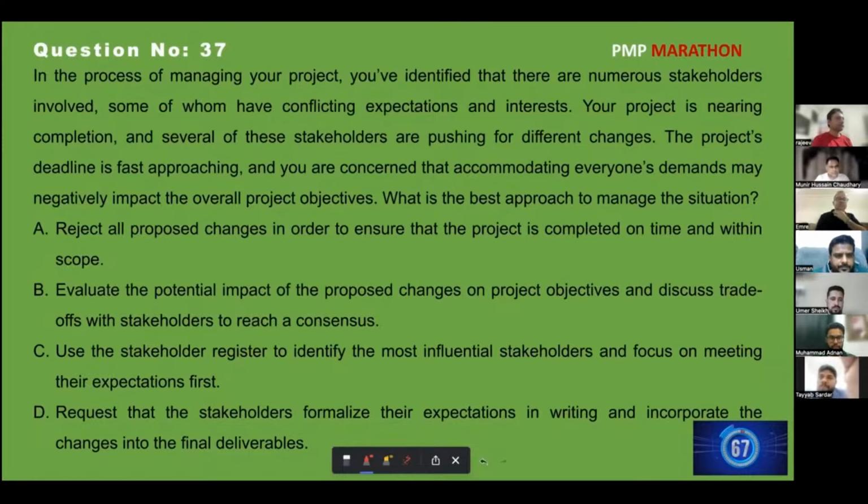What is the best approach? In the process of managing your project, you identify that there are numerous stakeholders. Some have conflicting expectations. Your project is nearing completion, and several of these stakeholders are pushing for different changes. The project deadline is fast approaching, and you are concerned about accommodating them. Not a bad question.